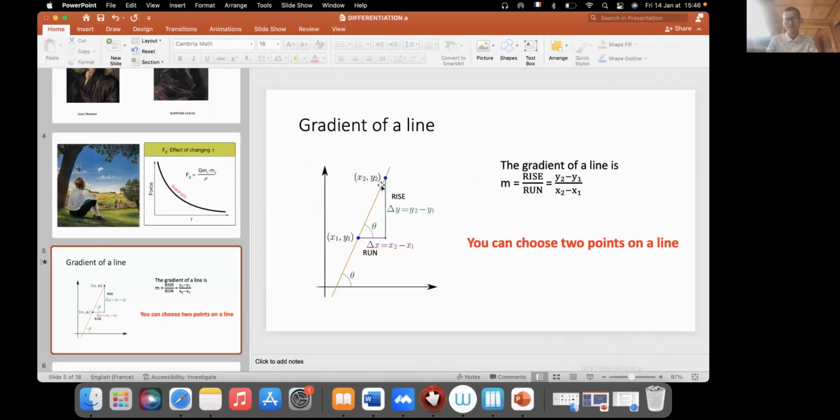Luckily, the gradient will always be unchanged, which can be proved through the use of similarity in triangles, right? So this way to characterize the rate of change, that is the gradient, is mathematically justifiable, right?